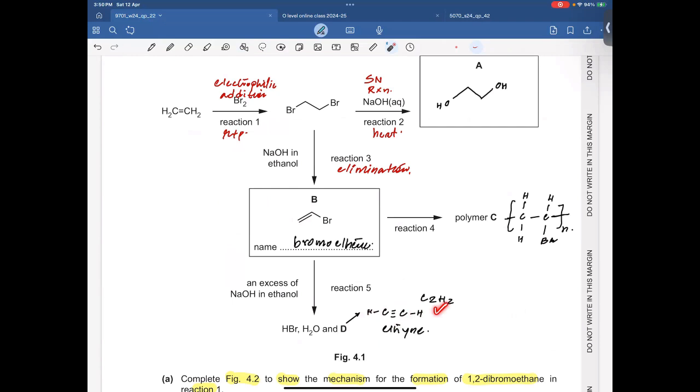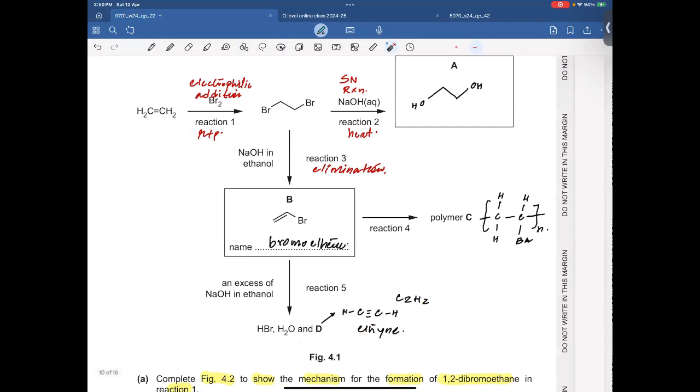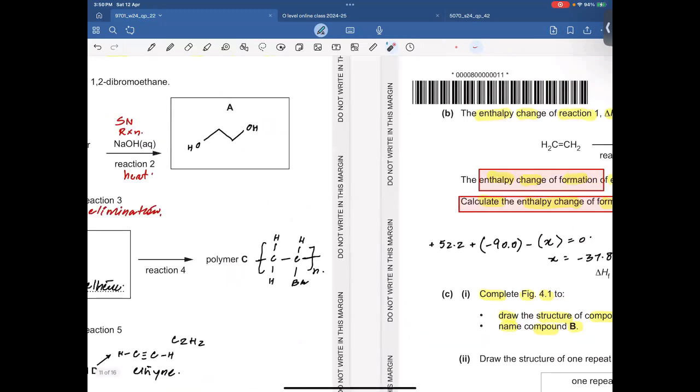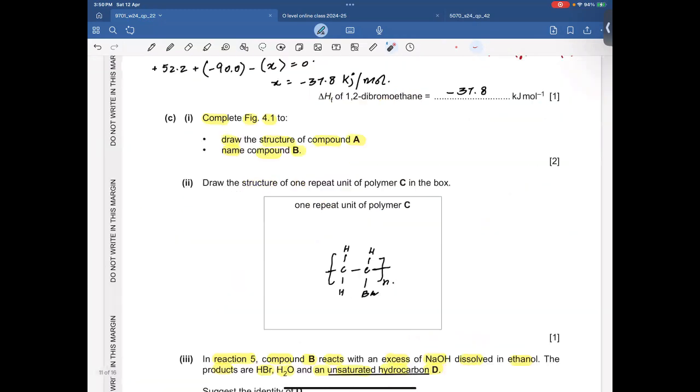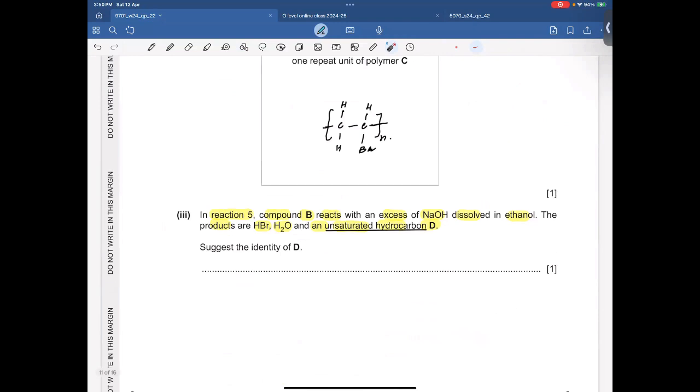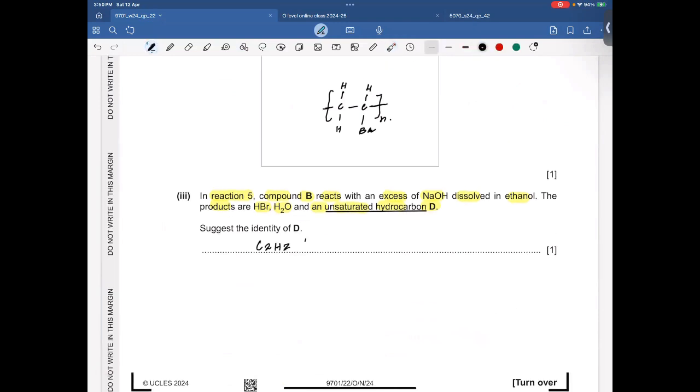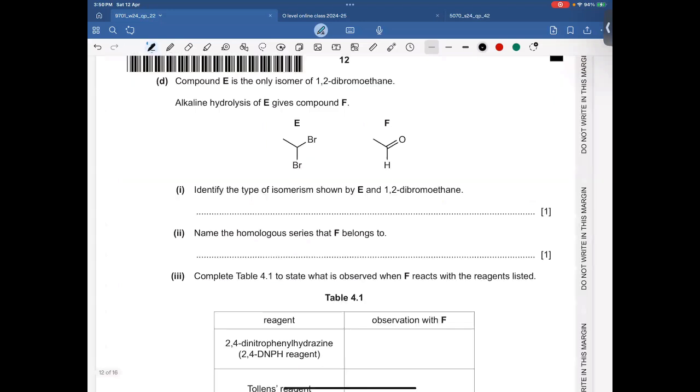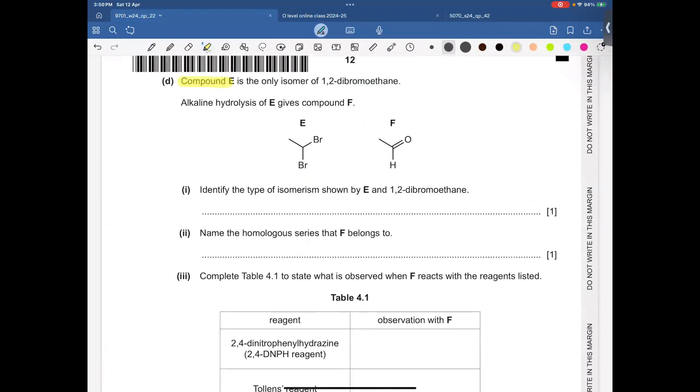So this formula is going to be C2H2, and this compound is ethyne, which belongs to the alkyne family, C2H2, also called ethyne.